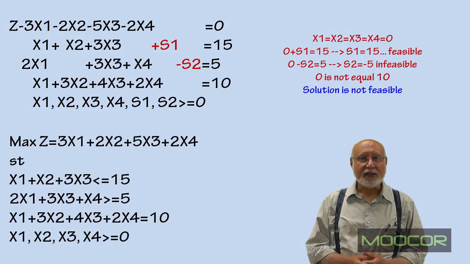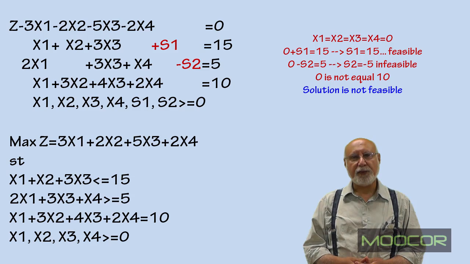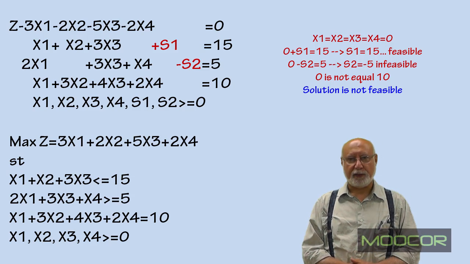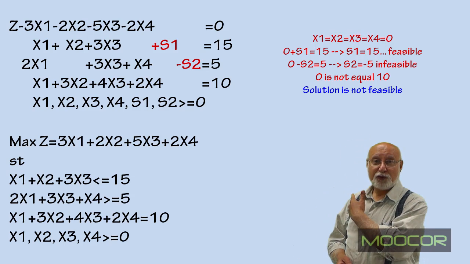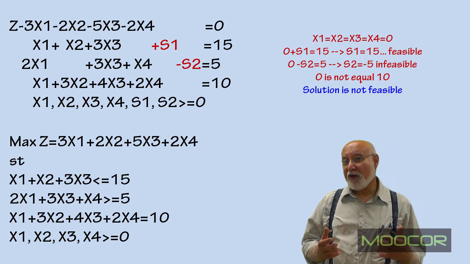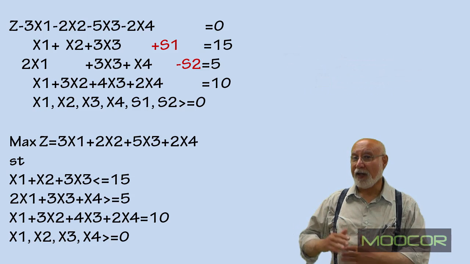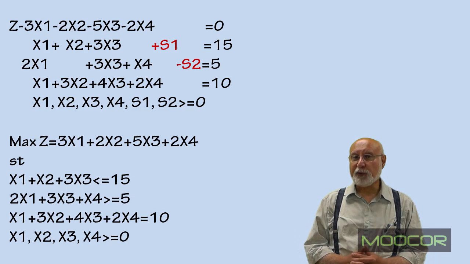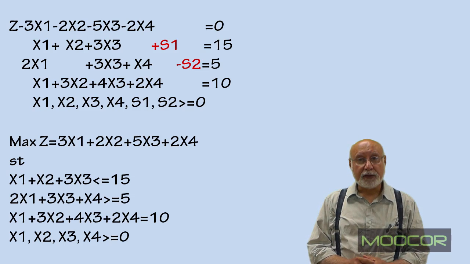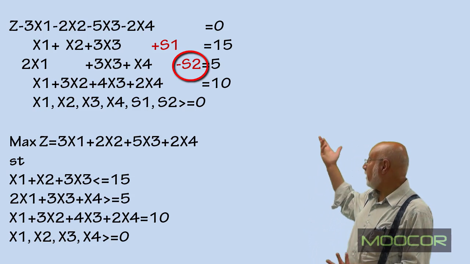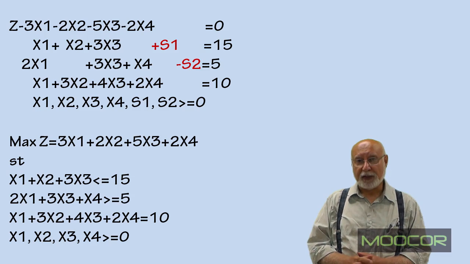To address these cases, we are introducing a new variable. This variable is called an artificial variable. We are going to add artificial variables to our constraints that are in the form of greater than or equal, or in the form of equality, after we convert them into standard form. In the case of greater than or equal, we are going to subtract an s2 in this example, and on the third constraint, no change.